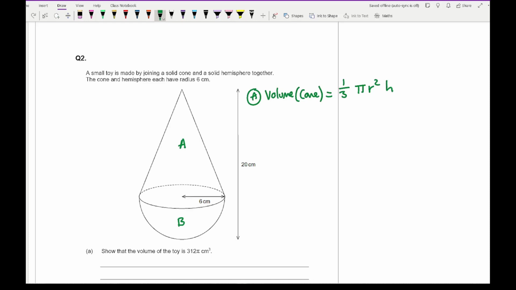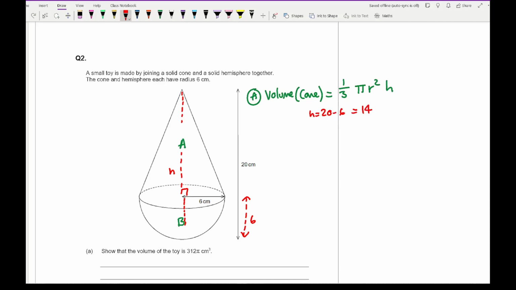So from this, what we've then got to do is make sure we've got the dimensions. Now this here is h. Now you might think to yourself, oh, I might need to use Pythagoras because here we've got a right angle triangle, but if the radius of the hemisphere is 6, then that means the height of the hemisphere is also going to be 6. So then if I do 20 take away 6, I get 14.